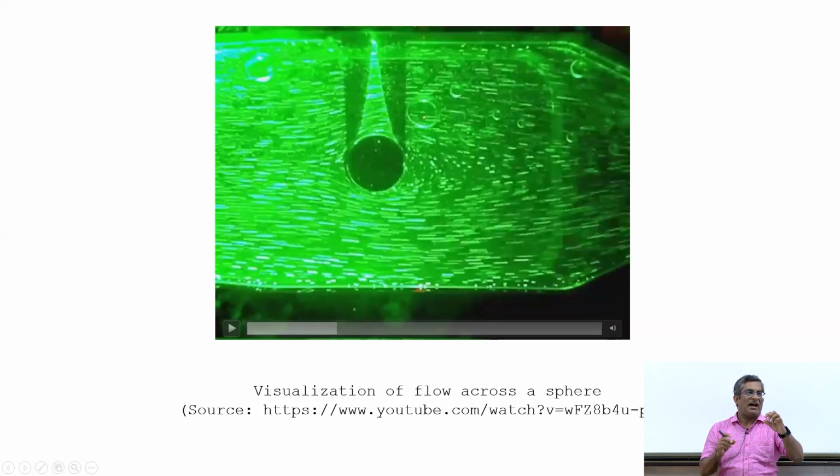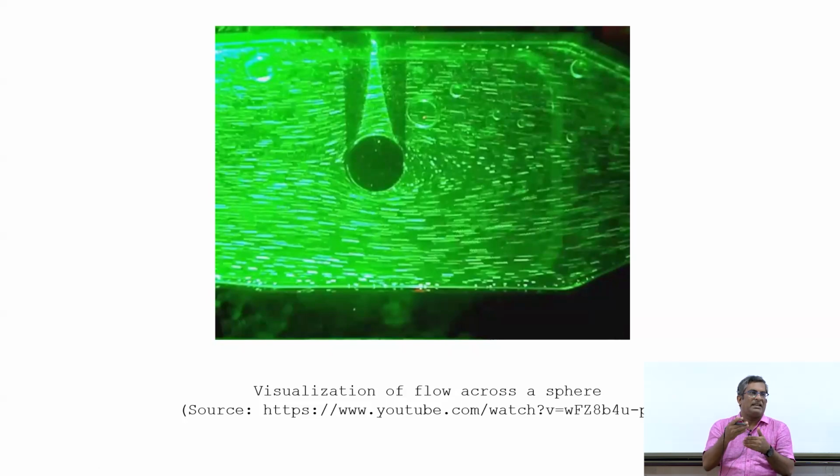Obviously we are observing this through a camera, and there is a shutter in the camera. So the shutter opens and we record, and then the shutter closes. Now what happens, because the recording time or shutter speed is low, the time over which we capture the image is longer than the time that a particle takes to flow. That is the reason why we see the streak of the particle.